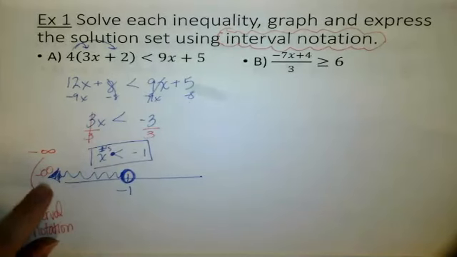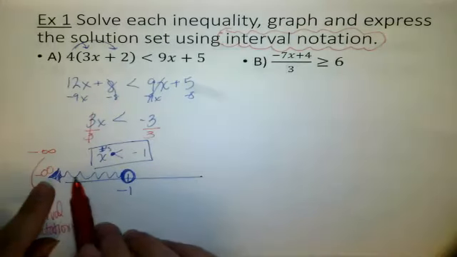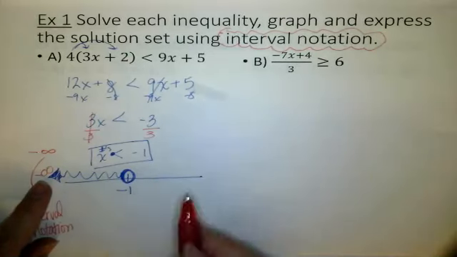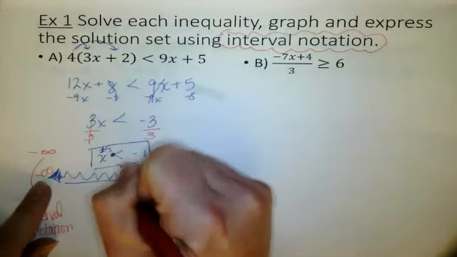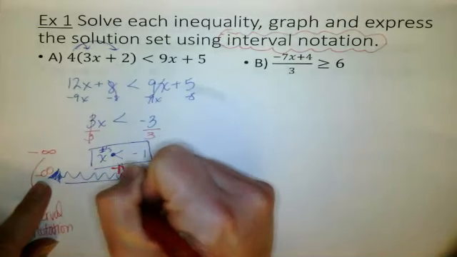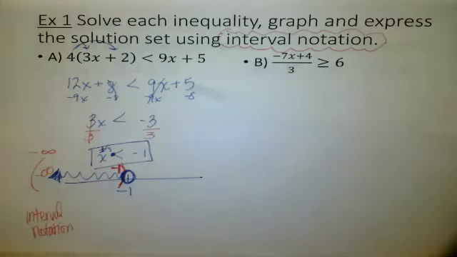So negative infinity, and then over here, we get really, really close to -1. When we get really, really close to something, we use parentheses. Parentheses mean close to, but not including.